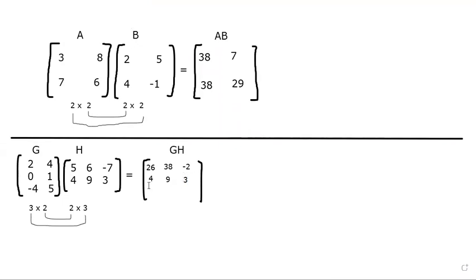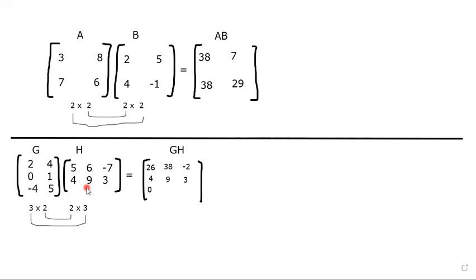And now, in finishing it up, we can go to our last row. That's going to give us -4 times 5 plus 5 times 4. That is -20 plus 20, which gives us a 0. Here we have -4 times 6 plus 5 times 9.